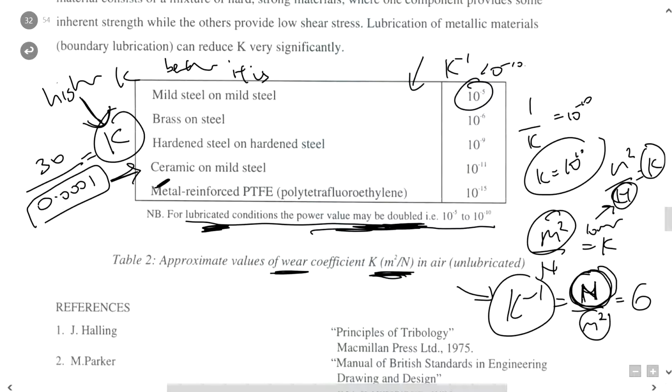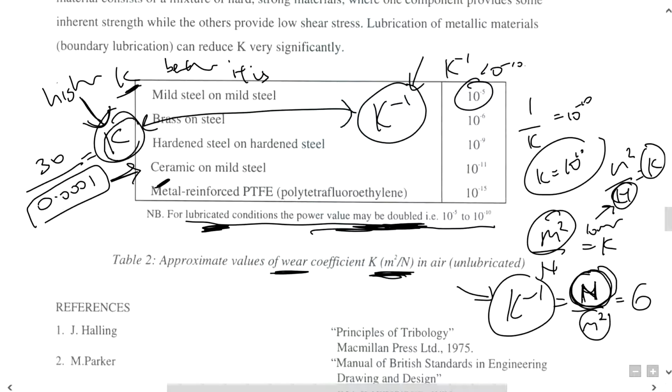At least something we can deduce about it. But the lower the K inverse, the better it is. So be careful of these two links. Higher K, better. Lower K inverse, better. Take note of that.